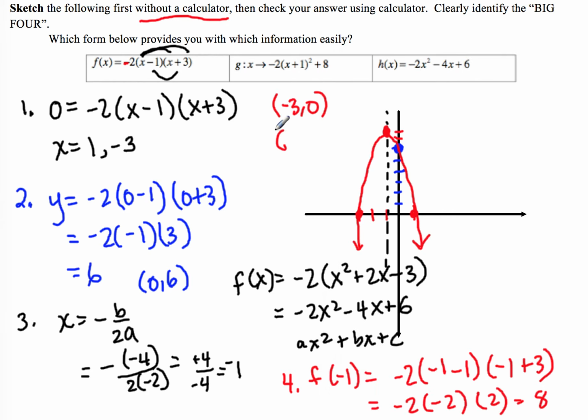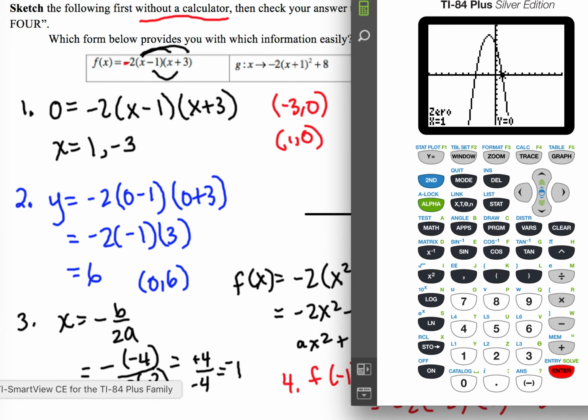So 1, 0, which checks out. Now to find the y-intercept, I can hit trace, and if I want to know when x is 0, I hit a 0 and enter, and it calculates 0, 6. That checks out again. So here we're checking our answers as we're going along, and we're good so far.